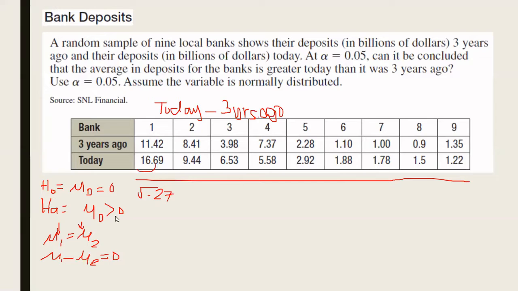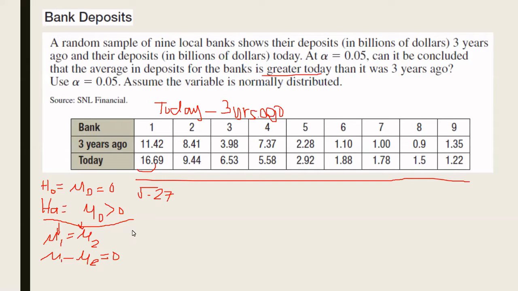That's the idea. Okay, and then we have here a right-tailed because what we want to test is whether the deposit for the banks is greater today than it was 3 years ago. So if we're going to state that as an HA, this would be the proper way of doing that. It's mu sub d greater than 0 because greater.